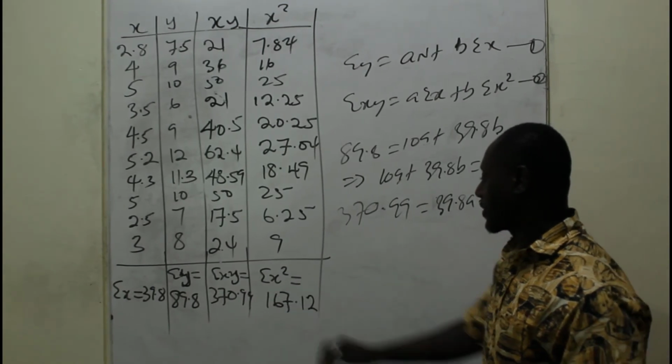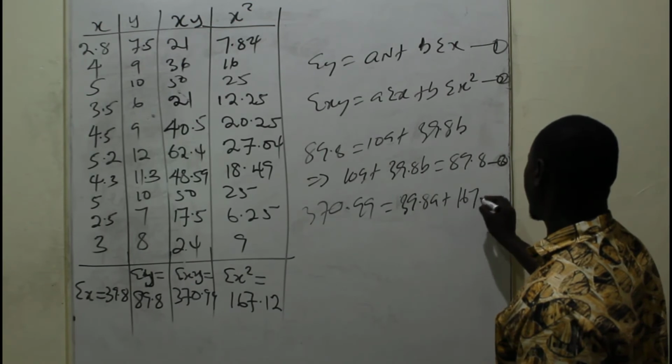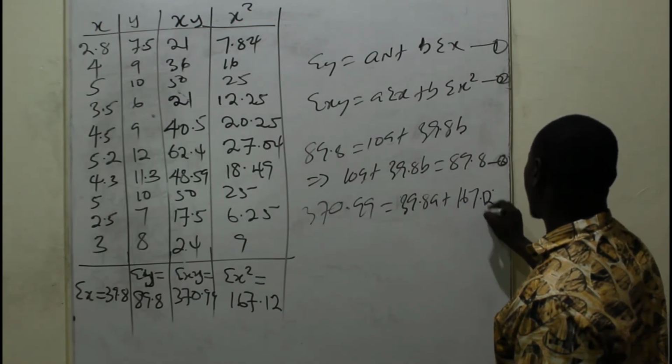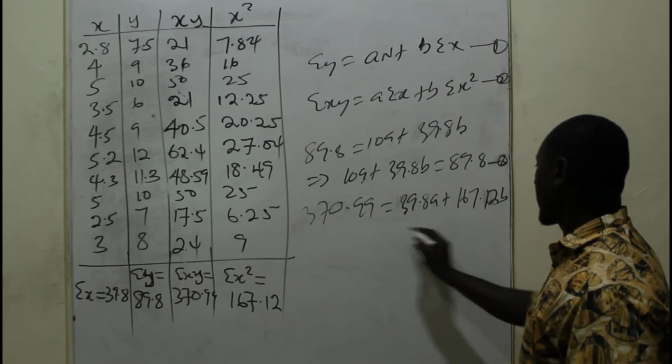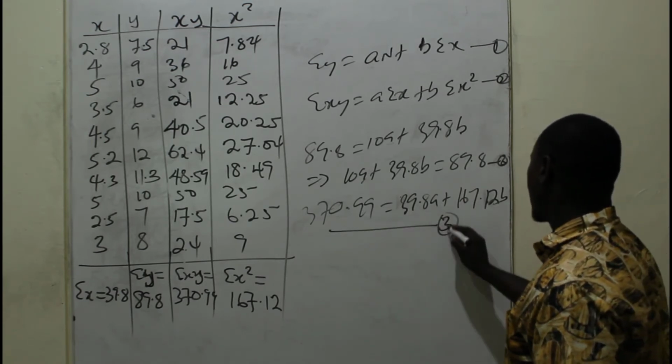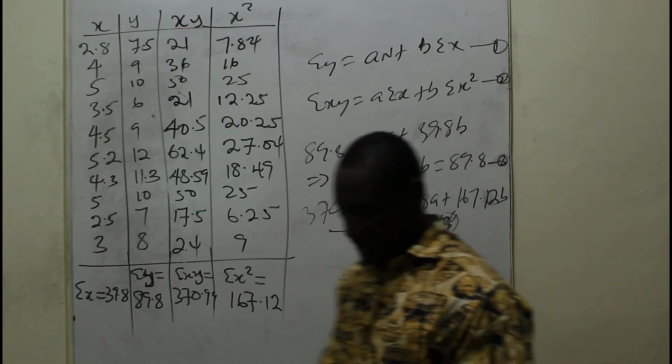The summation of x squared is what? 167.12. And so I can name this equation as equation 4. So I'm going to solve equation 4 and equation 3 simultaneously.